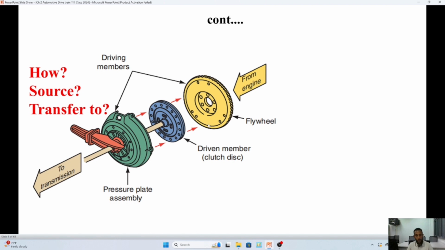So this is how the clutch is constructed. If you observe the clutch disc, the driven member, it will not have any shaft connection with the pressure plate assembly or flywheel. It is only connected by means of frictional force.